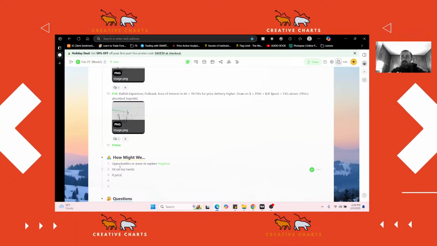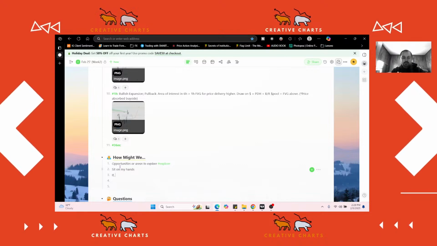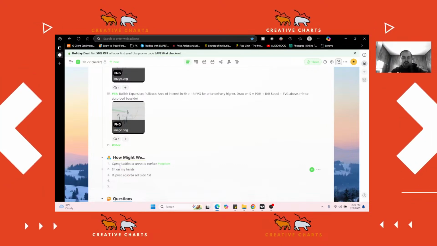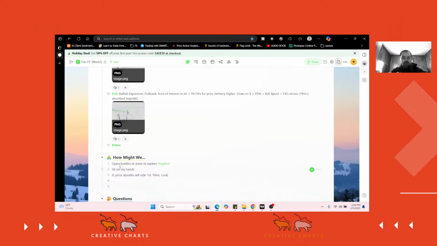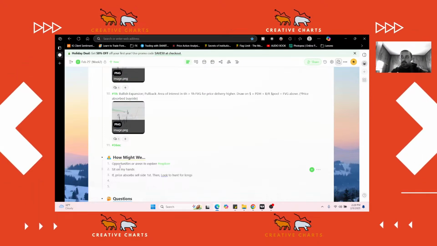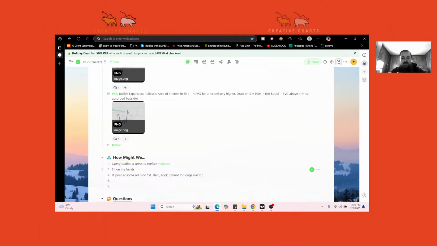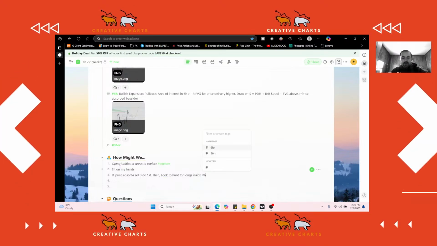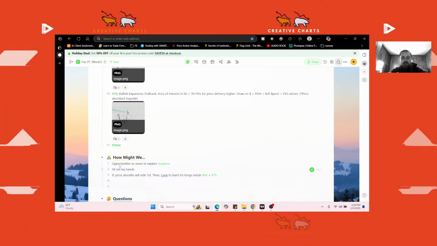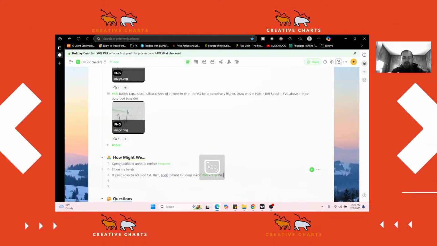If price absorbs sell side first, then look to hunt for longs inside 6 hour, 1 hour FVG.